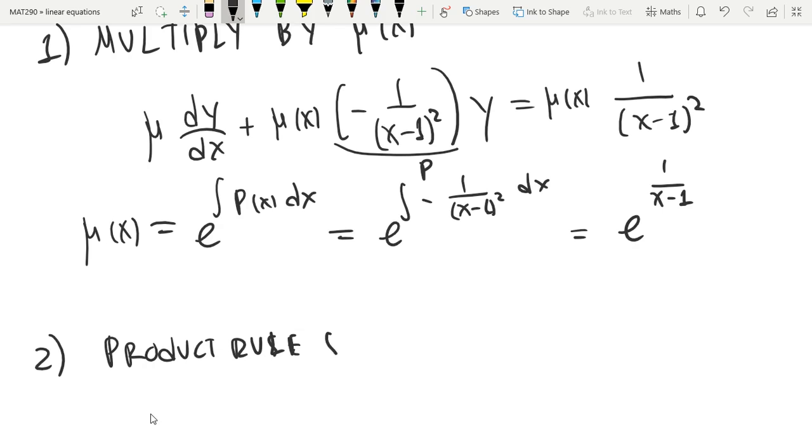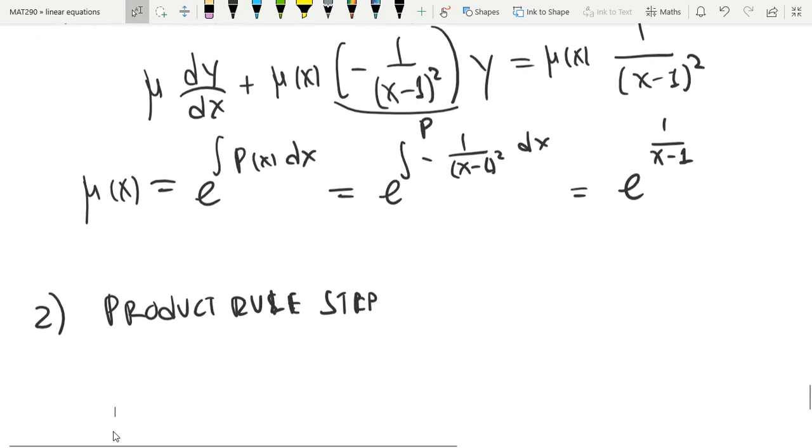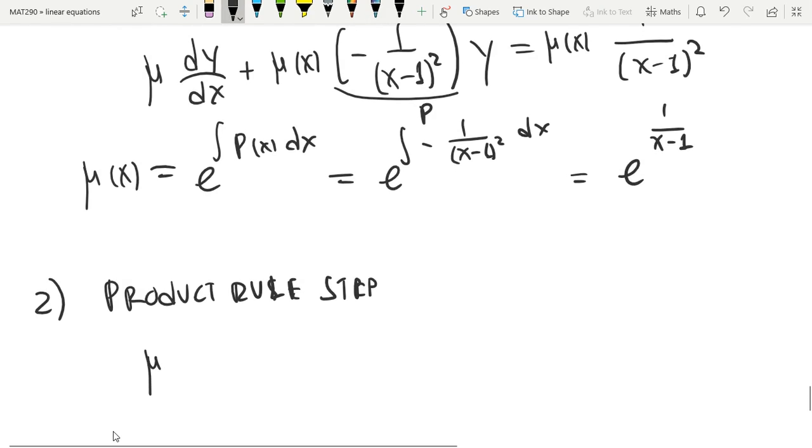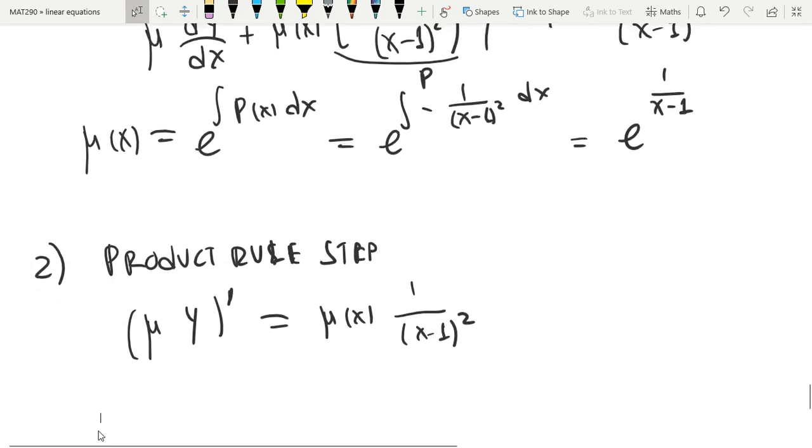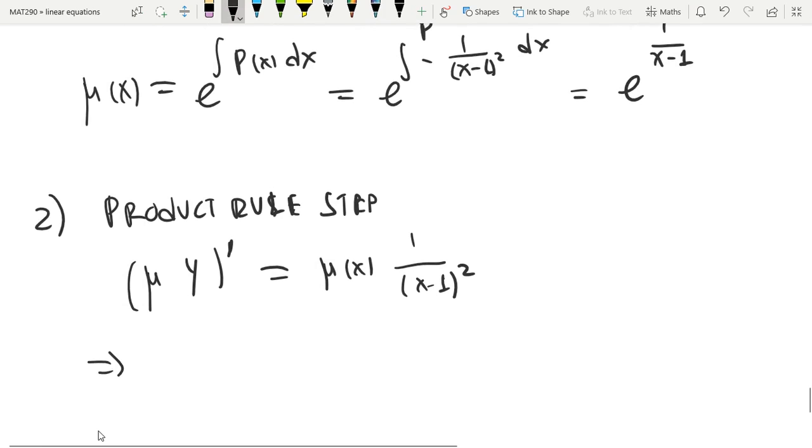And as usual, we have our product rule step. So what is it? (mu y) prime is equal to mu of x times the forcing, 1 over (x minus 1) squared. We integrate it.